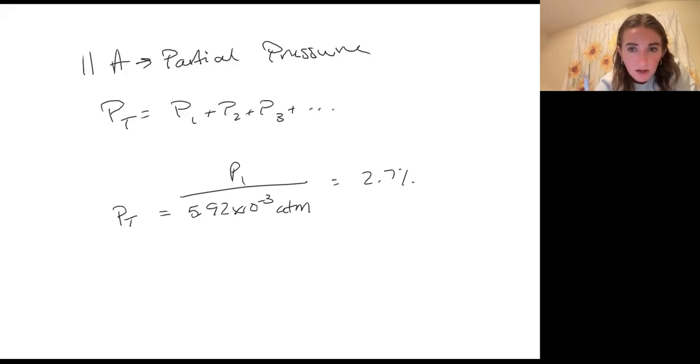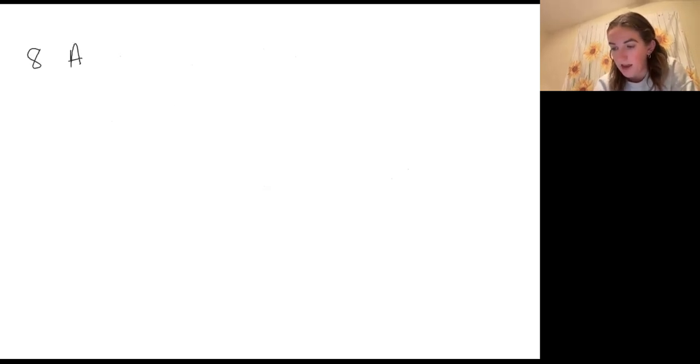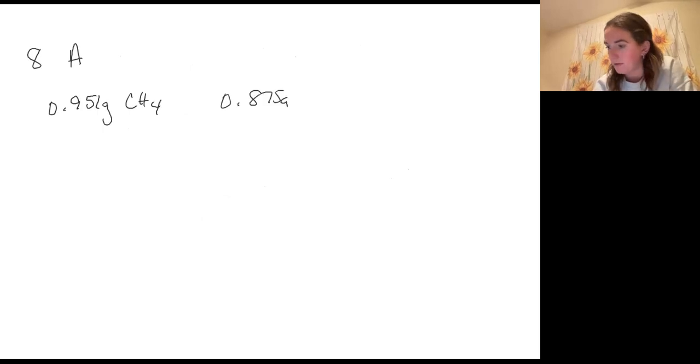Okay, 8 is good. So this is 8 on A. So this is looking at 0.951 grams of CH4 and 0.875 grams of F2. This one is looking at mole ratio and partial pressure. So we know here that P1 over PT, the total pressure, will be equivalent to N1 over N total.